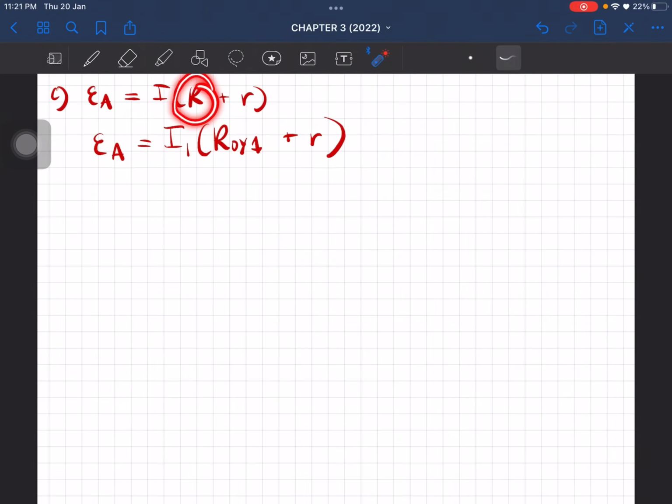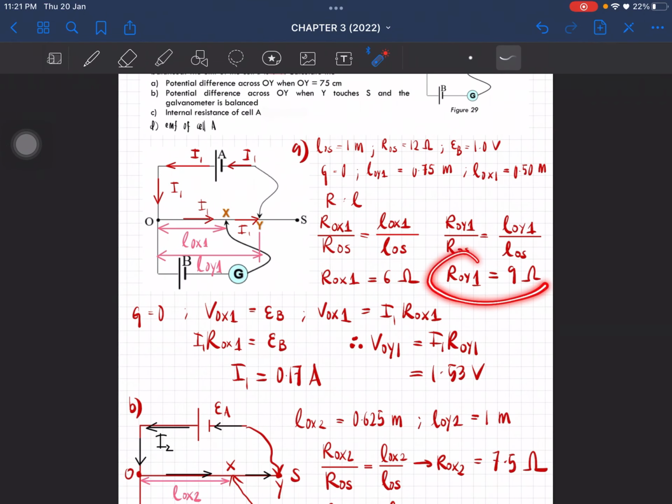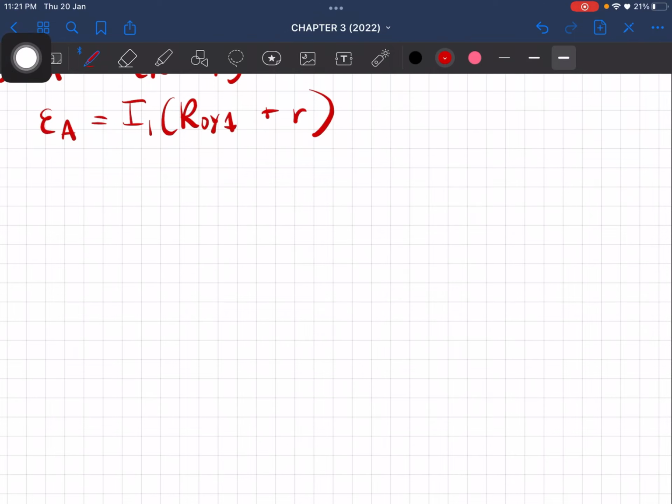Okay, so the R is kita guna untuk ROY1, which is this one. Okay, untuk dari OY ni kita guna until OY. Okay, boleh faham ah? So now we'll then get equal to 0.179 plus r. So this is our first equation.